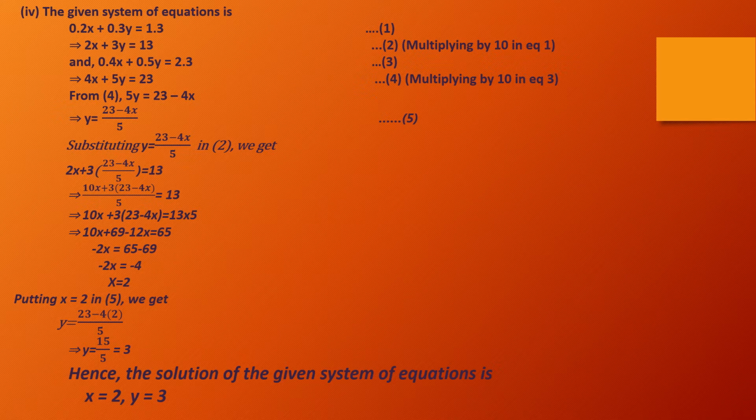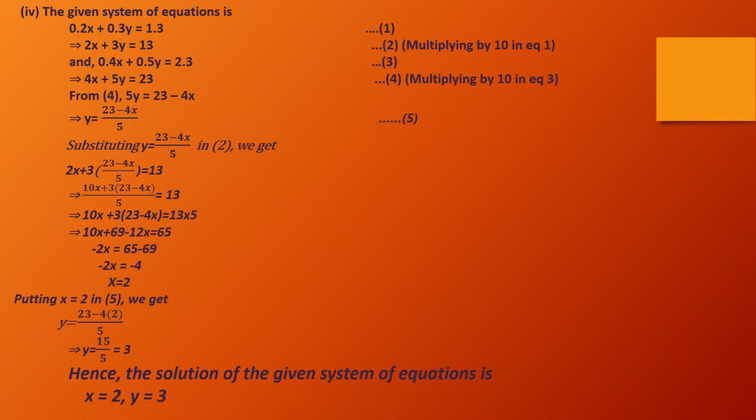Now I substitute this value of y equals (23 minus 4x) by 5 in equation number 2 in place of y. So we get 2x plus 3 multiplied by bracket (23 minus 4x) upon 5 bracket close equals 13.